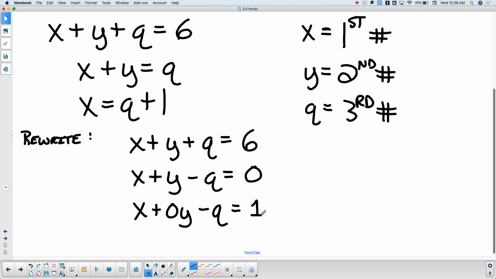So we've rewritten it, and so that we've got an x column, a y column, a q column, equals, and then numbers. Now, using elimination, you solve this system. I would probably pick q to eliminate. So that's going to be 1 plus 2. And then x.